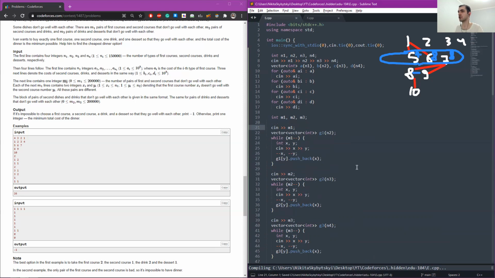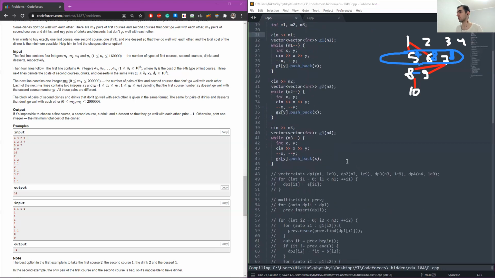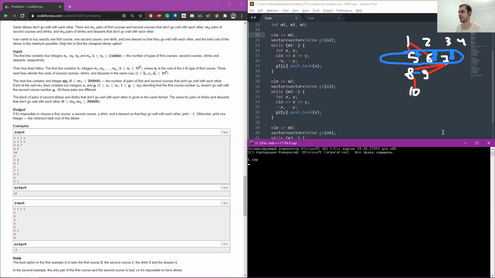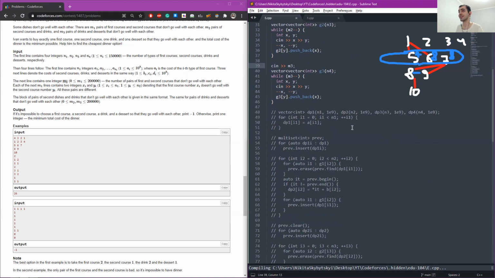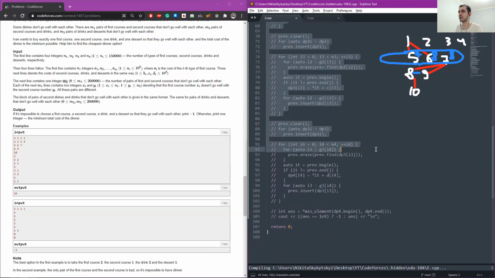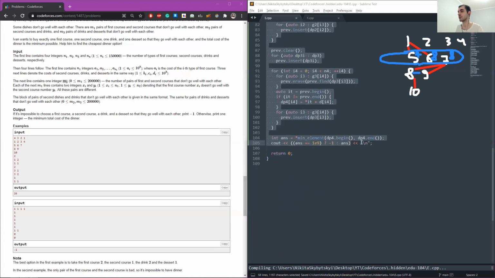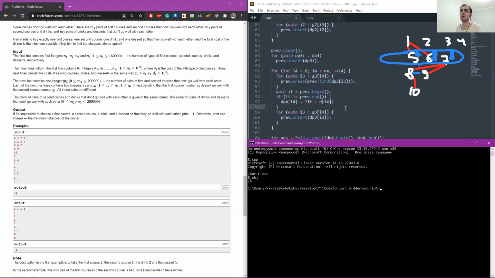Now, I don't know about you, but I can't read. It's not a reasonable assumption to make. So at least now it is not crashing. Okay, that's already pretty good. And it even produces a correct answer.